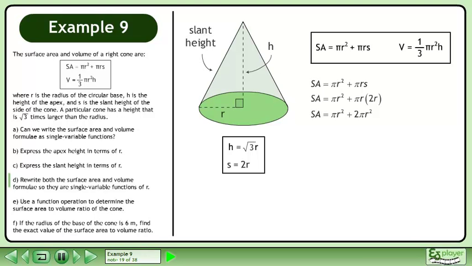Simplify. Collect like terms. The surface area is 3 pi r squared. We have rewritten the surface area formula so it only has one variable, r. We may now use function notation to represent the surface area.